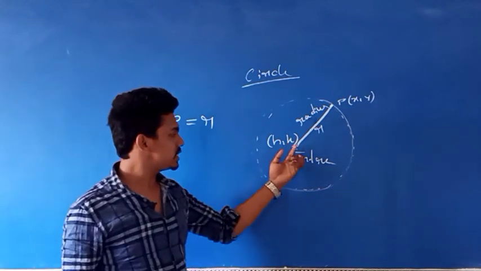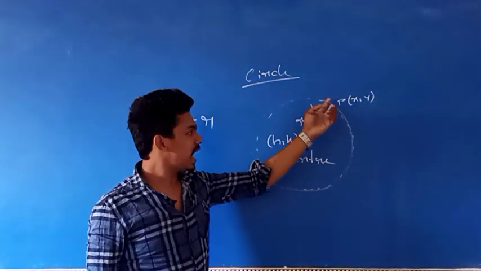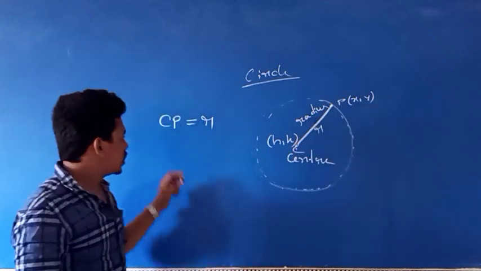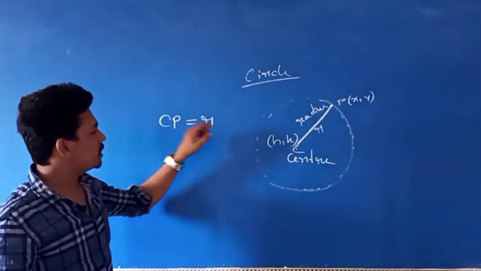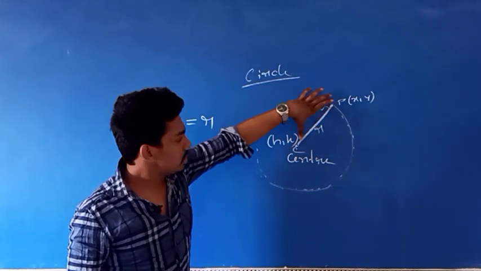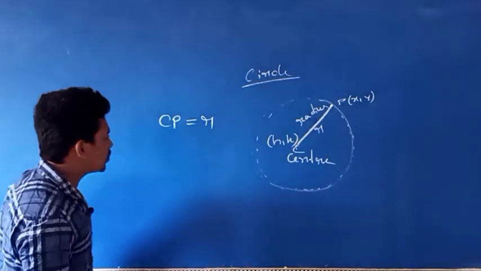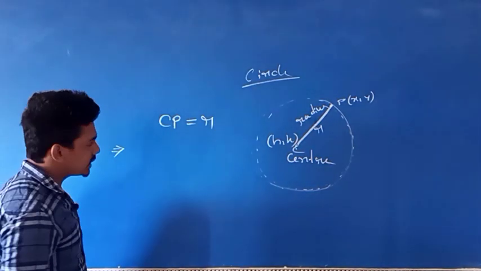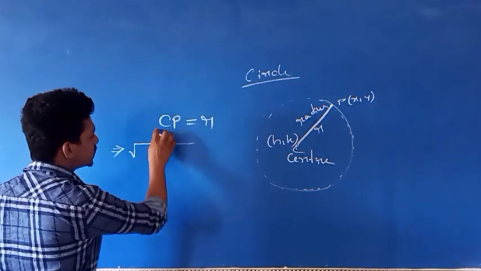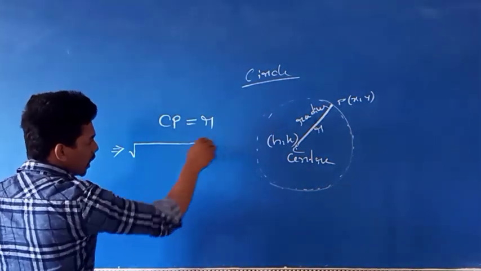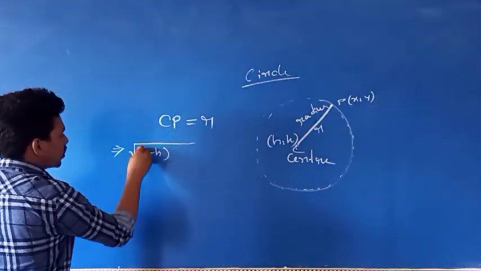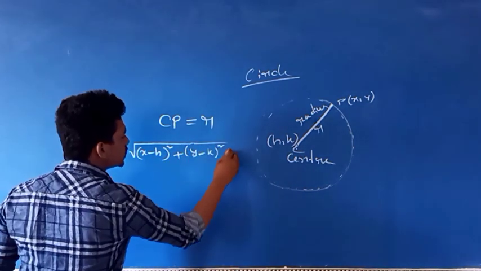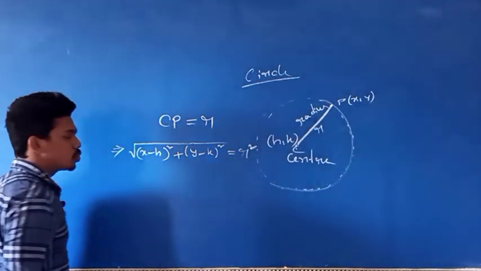The distance between C and P, where P is any point on this circle and C is the fixed point. So the distance between C and P is equal to the constant, that means r. So CP equal to r. And by the distance formula we can say CP equals root over (x minus h) whole square plus (y minus k) whole square is equal to r.